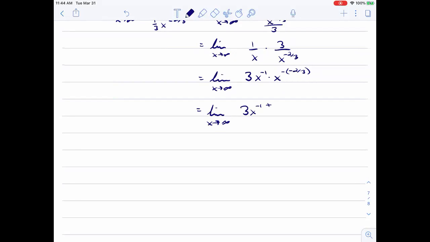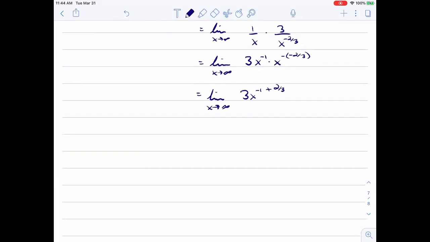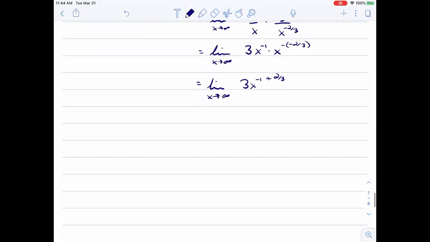plus 2 over 3, because it's going to be positive now. Negative 1 plus 2 over 3 puts me at negative 1 over 3.